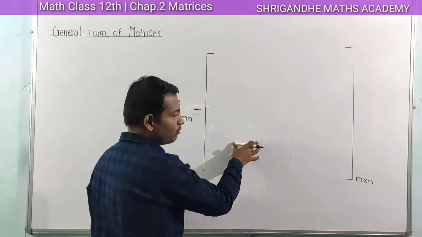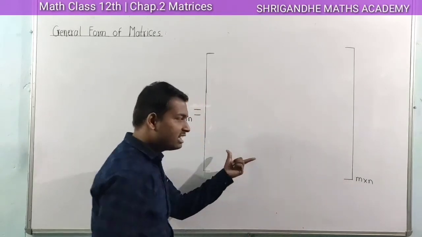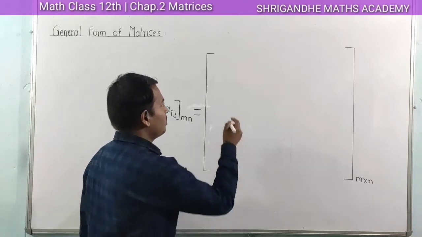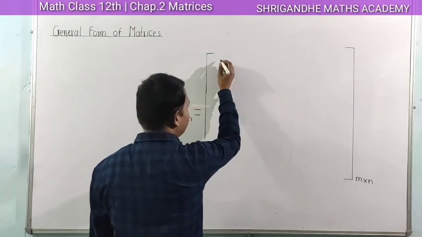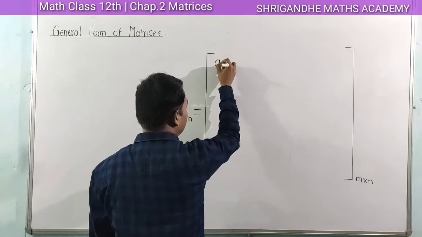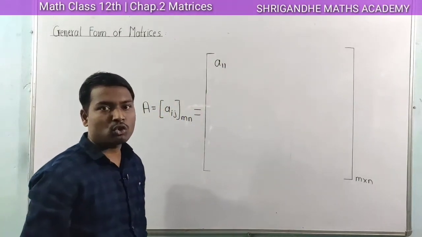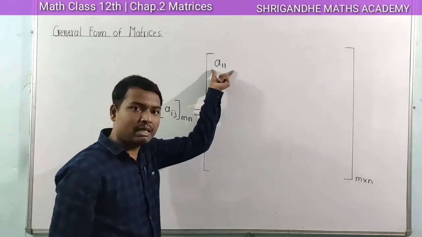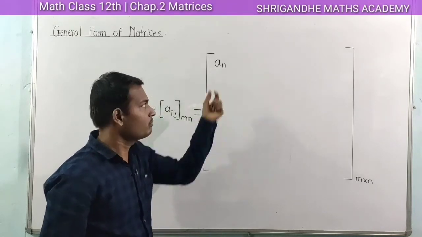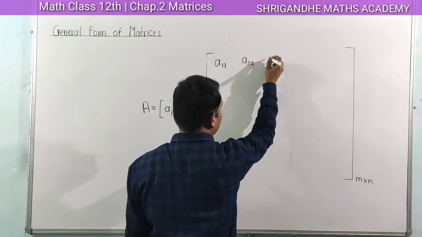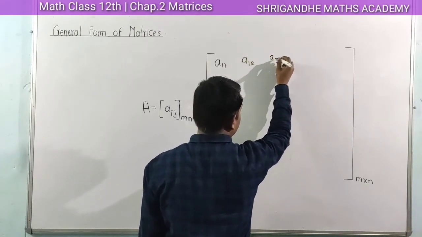Therefore this matrix contains m rows and n columns. Clear? The first entry in this matrix is A11, meaning the number in first row and first column.